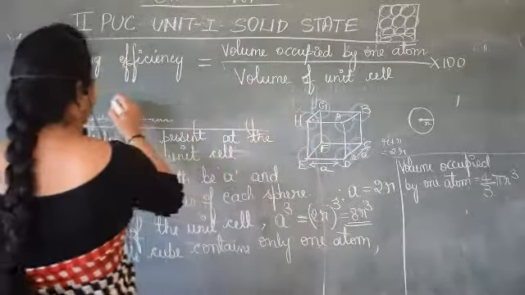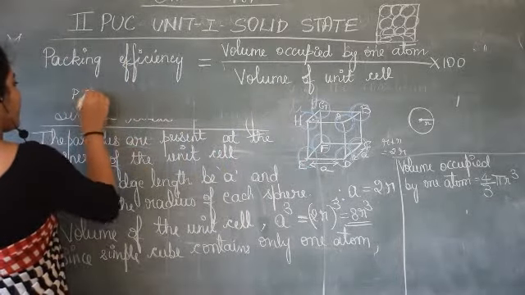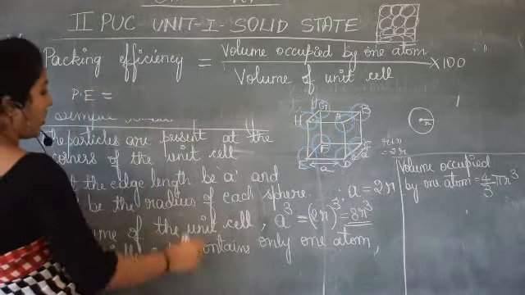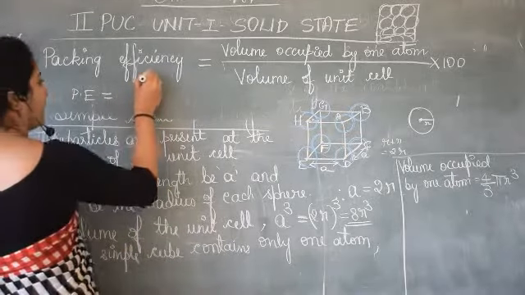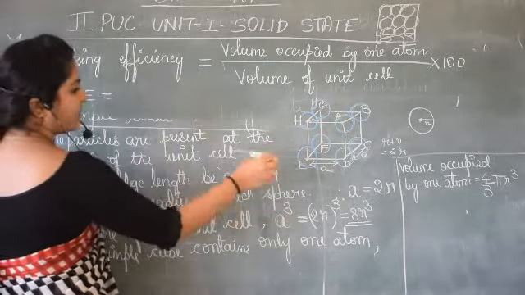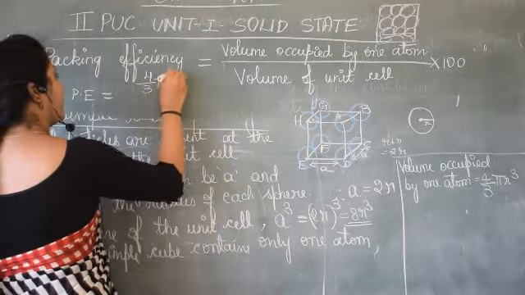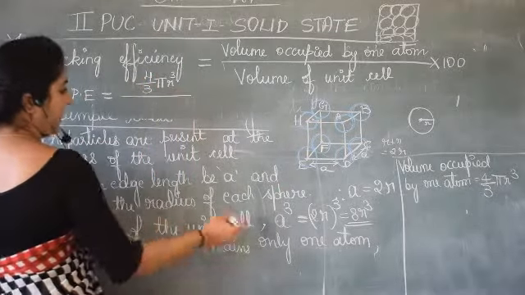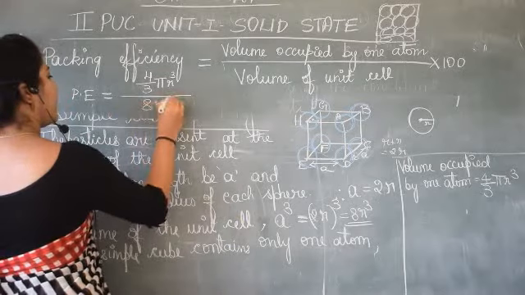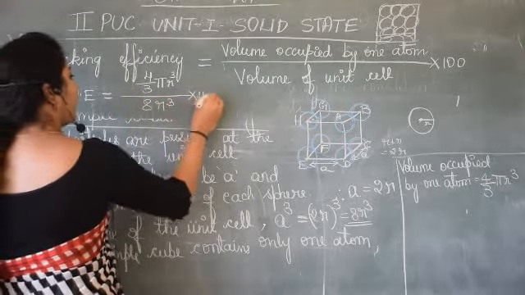Now here substitute, therefore packing efficiency is equal to volume occupied by one atom, that is 4 by 3 pi r cube, whole divided by 8r cube, into 100.